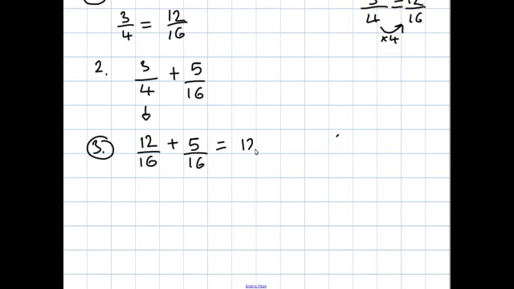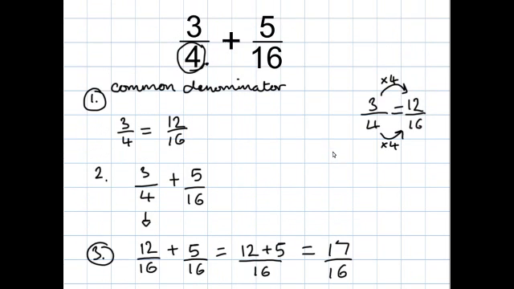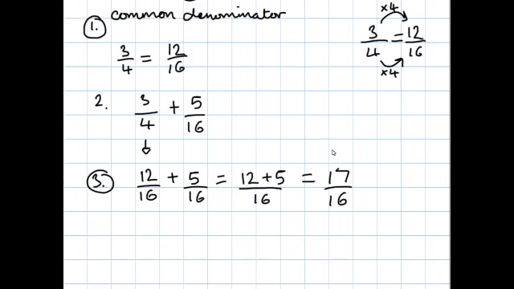So our third step is the same step that we carried out before. We are going to add the numerators together, because now the denominator is the same, we can just add the numerators together. So 12 plus 5 is 17, and the denominator is 16. So we have 17/16. Now, you may end up with an improper fraction.